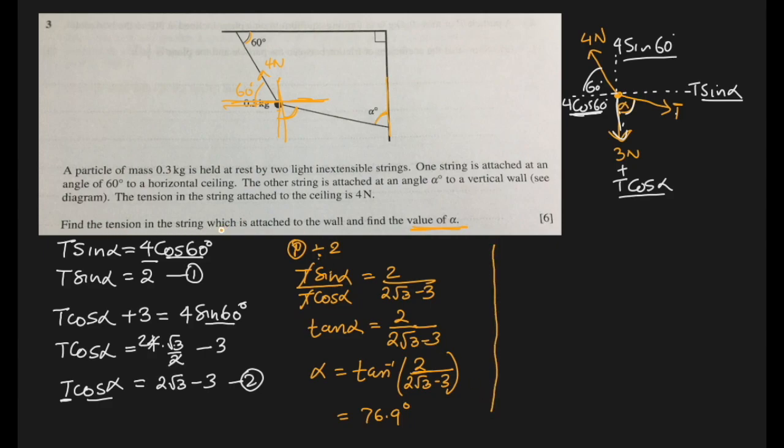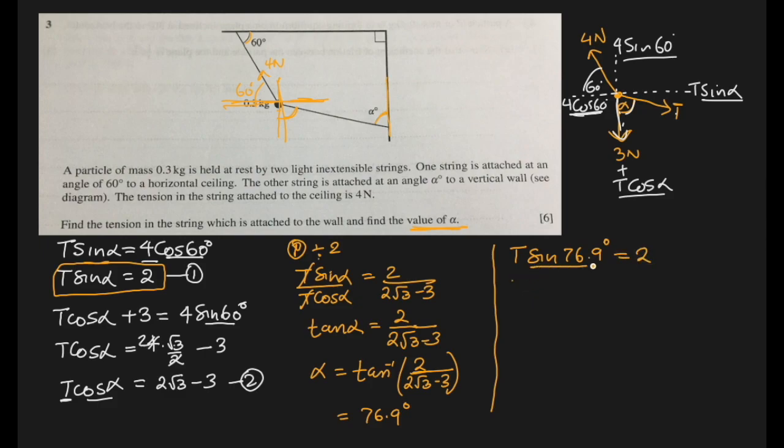That's fine. Now, second part was to find tension as well. Find the tension in the string attached to the wall. And we have an equation for that, which is, let's use this one. So T sine, and now we know alpha. Alpha is 76.9 degrees is equal to 2.